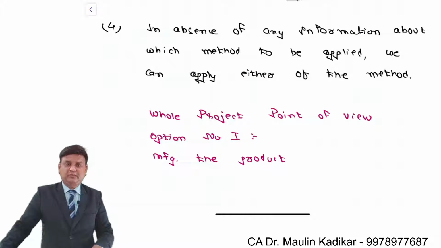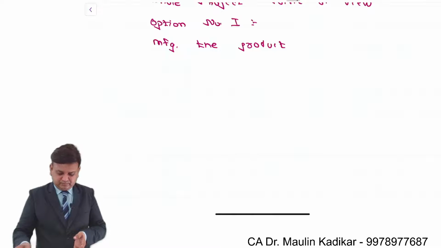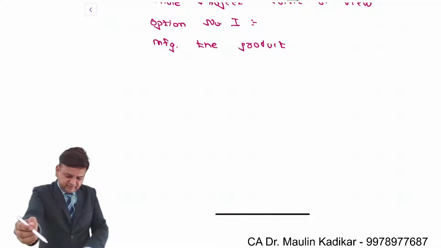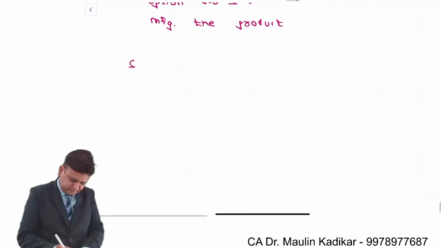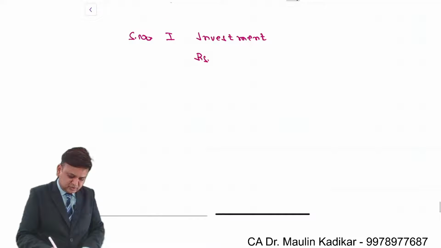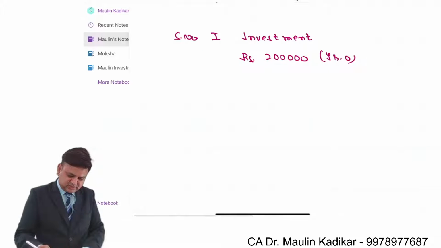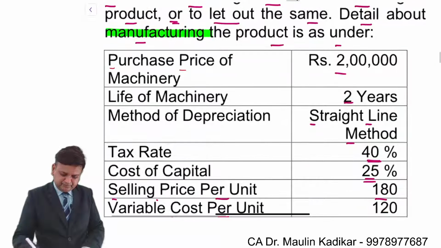I want all of you to calculate the NPV for option number 1 on your own. We start with the step number 1, investment. Amount of the investment is rupees 2 lakhs. That is in the year 0. That is the purchase price of the machinery.